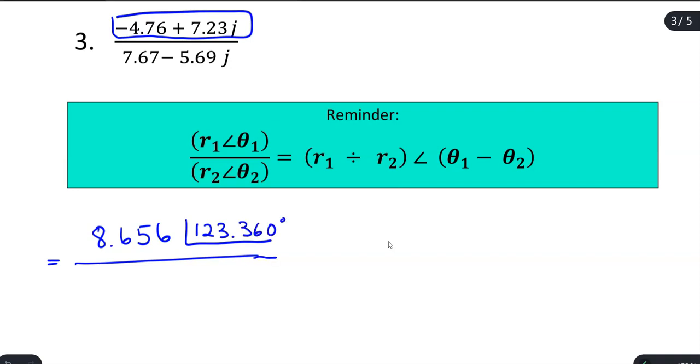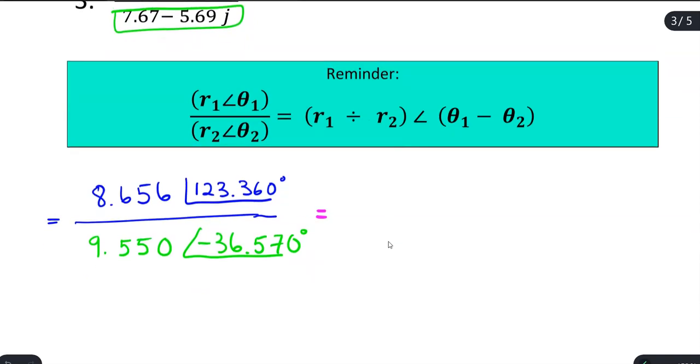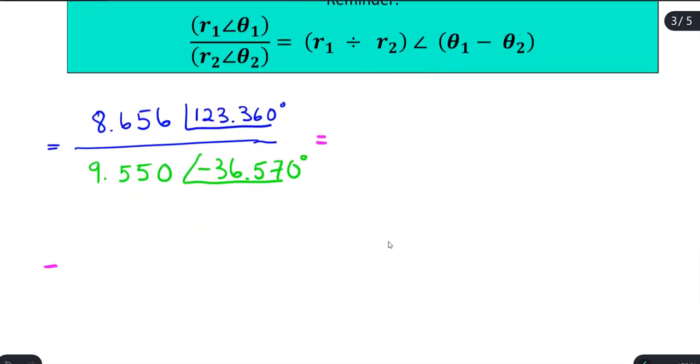I'm keeping it as 3 decimal places. So for the denominator, I have this, negative 36.570, and the final answer I get should be, I will write it as this.